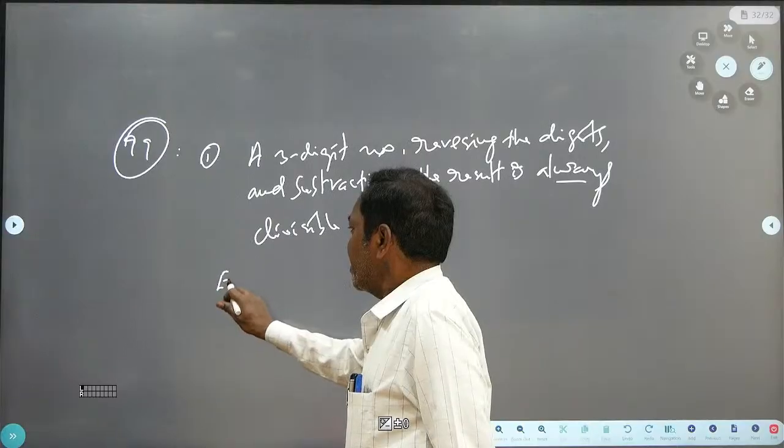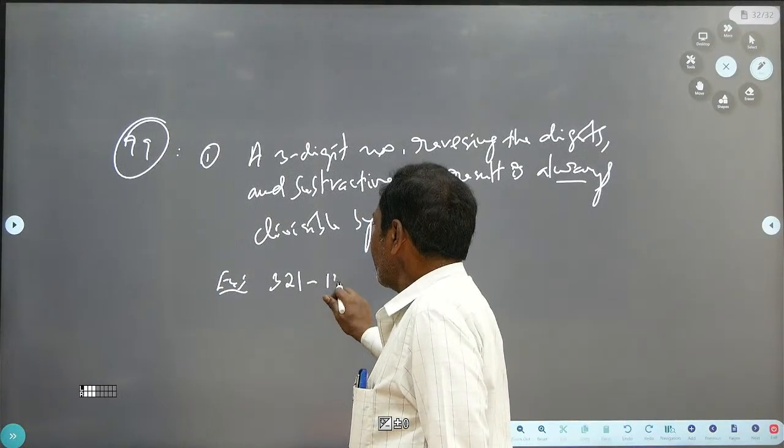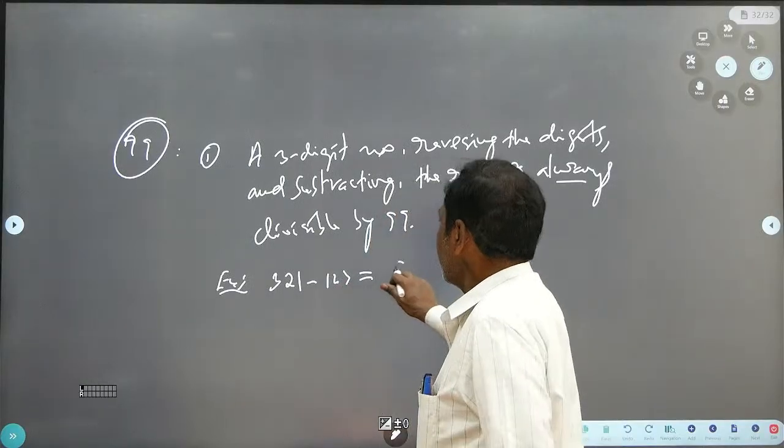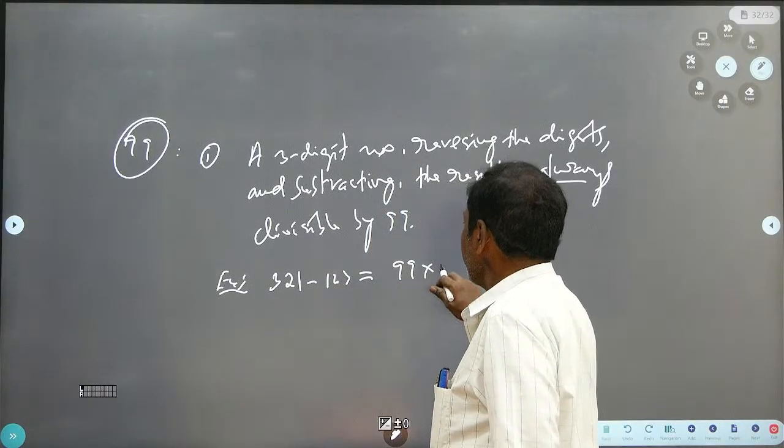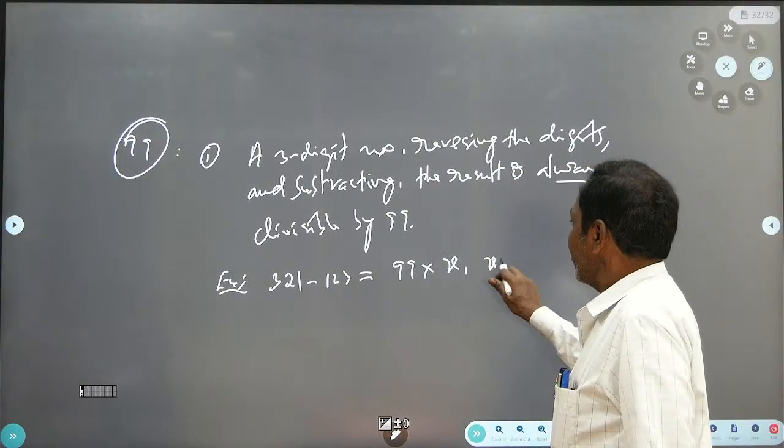Examples, let us take. 321 minus 123 is equal to 99 into x. What is the value of x?